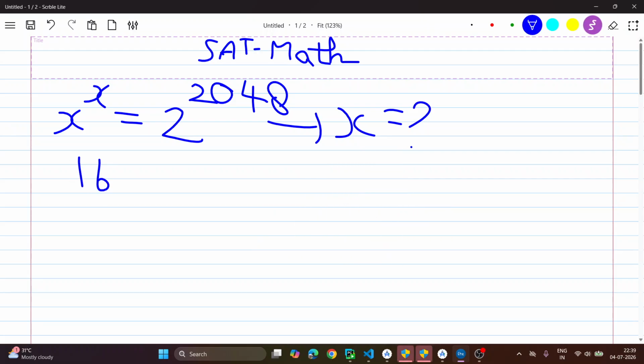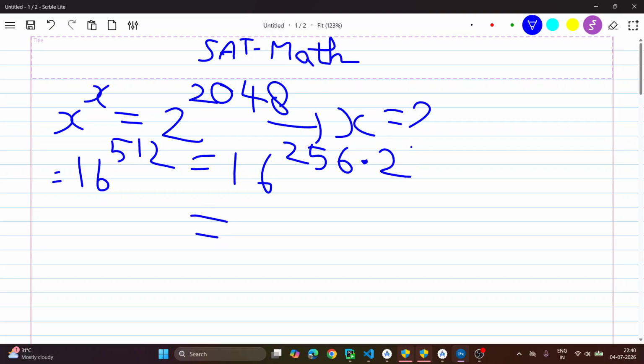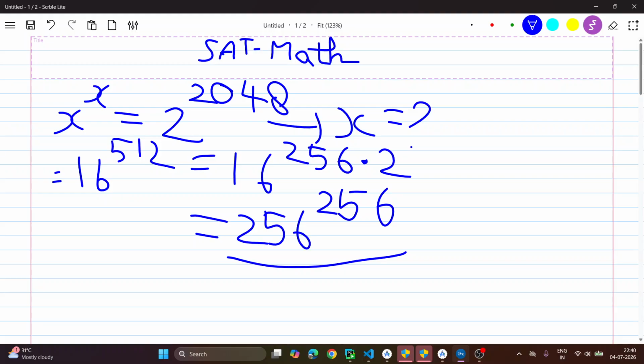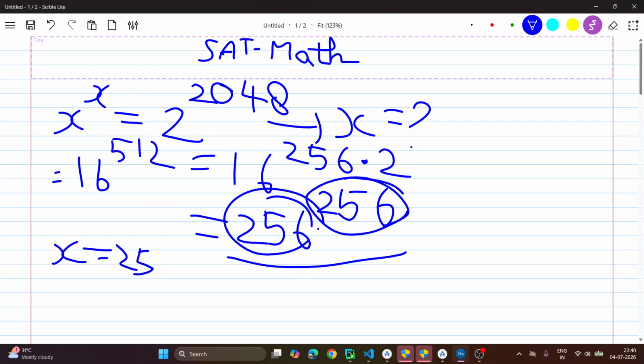So this is equal to 16 into 256 into 2. So this is 256 power 256. You see? So this is equal to this. You got it, right? So x equals 256.